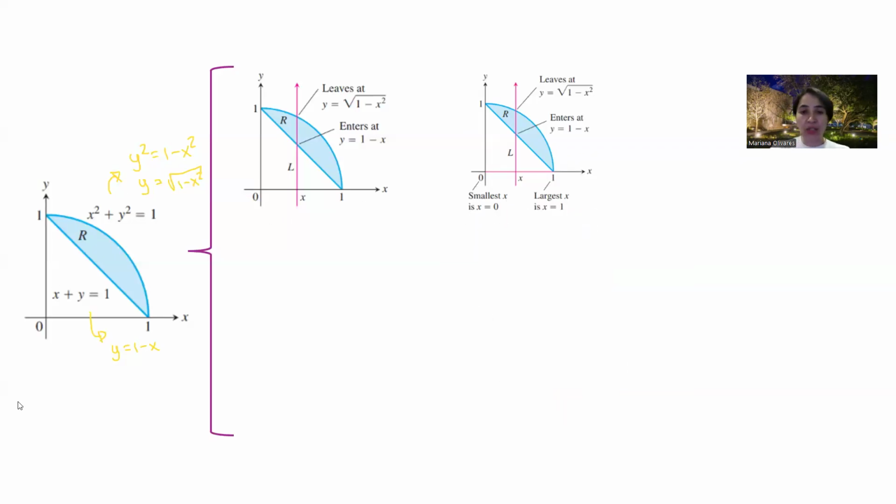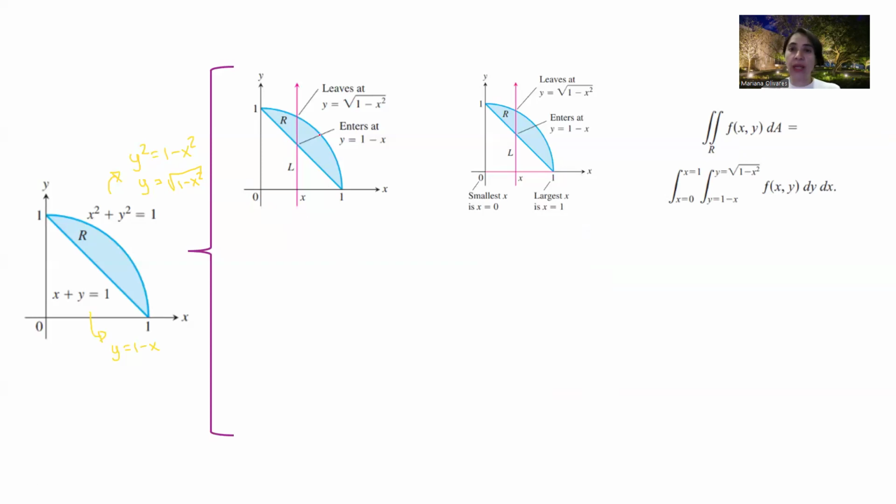With that, we can establish now the limits of integration. As you can see from this image, if we want to solve the integral, just in general, for a function, we're calculating f of x times dA. In that case, the limits of integration are going to be as they are shown here. First limit, because we're getting in by y equal 1 minus x, is our lowest limit, and we're going out by this piece of surface.